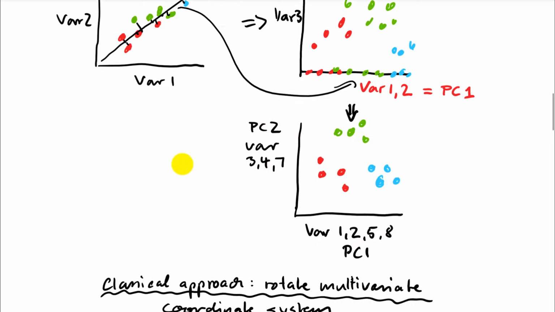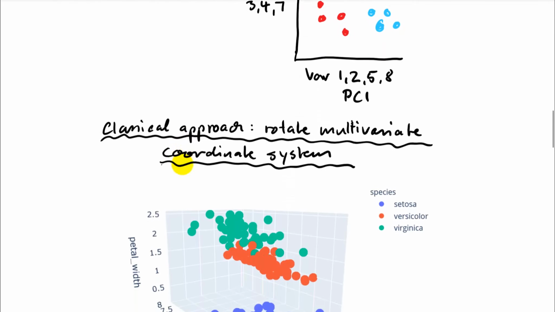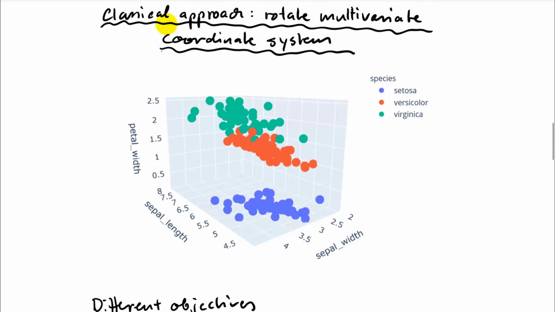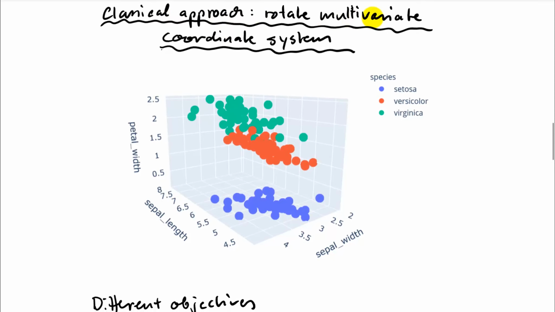And the way that this is done is with rotation, with a rotation of a coordinate system. That's a classical approach to multivariate statistics. All I do is rotate a coordinate system with multiple variables. And here we have a classic example that's widely used in R. I plotted this here as a 3D plot.